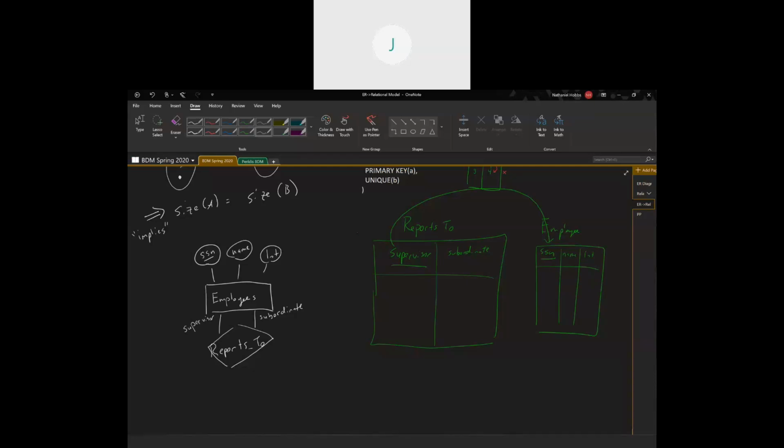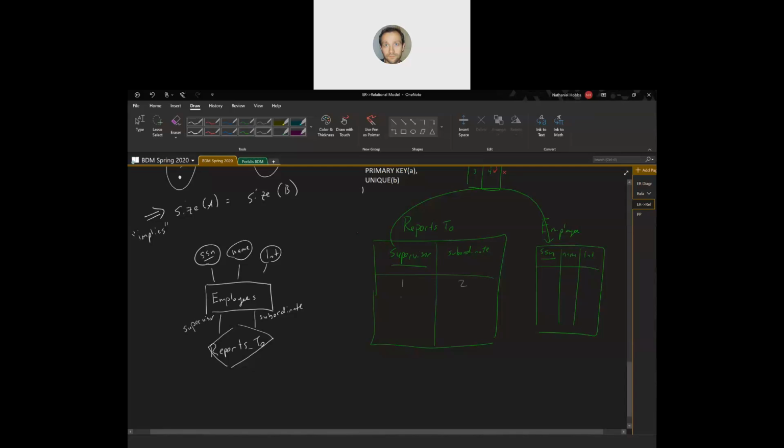This is close, but not quite there, because this would only allow one supervisor. Right? So if I had a supervisor, one person supervising two people, then this, because supervisor is a primary key, this would not be allowed, right?